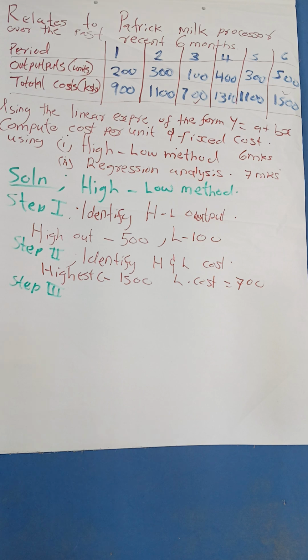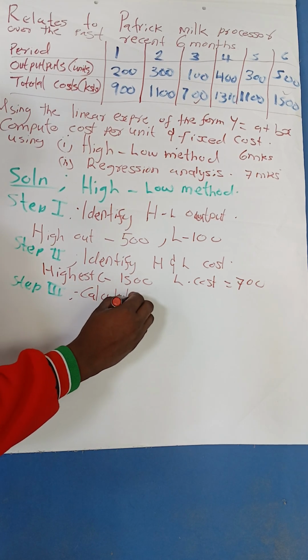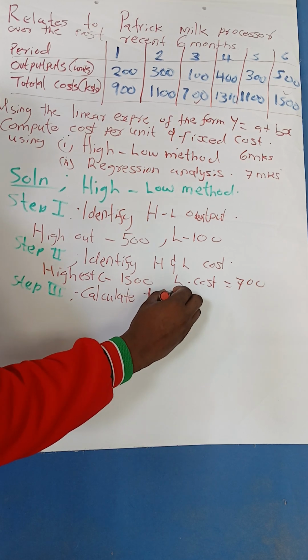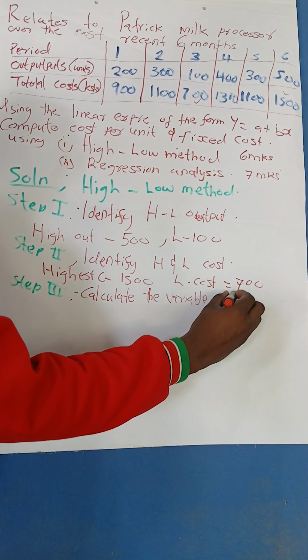When I mentioned the variable cost and the fixed cost, I think we understand that. It is even in one of the videos we uploaded. Now, we have to calculate the variable cost.